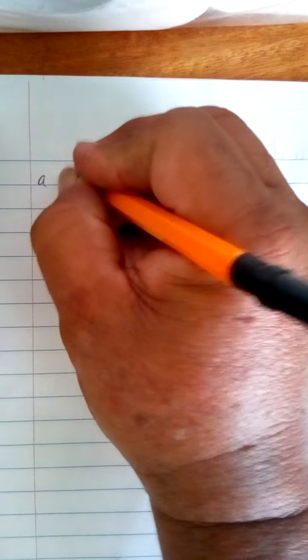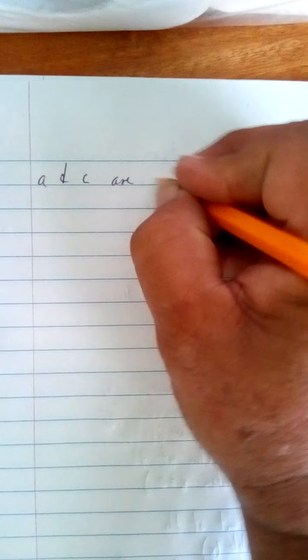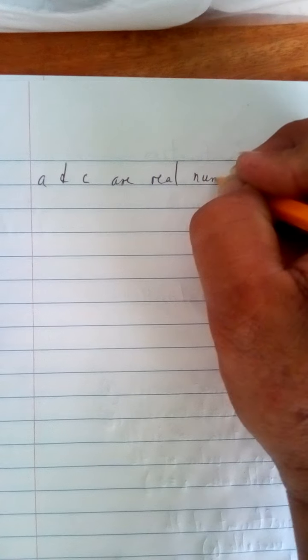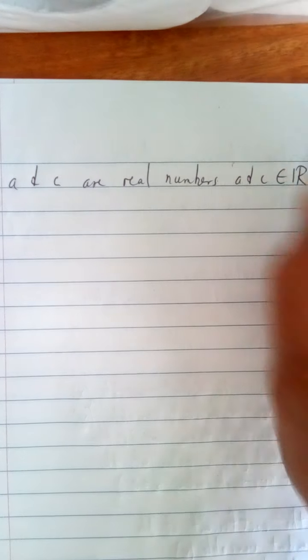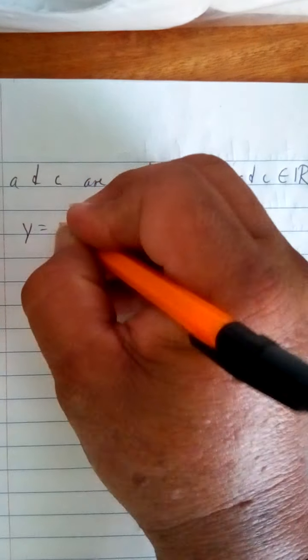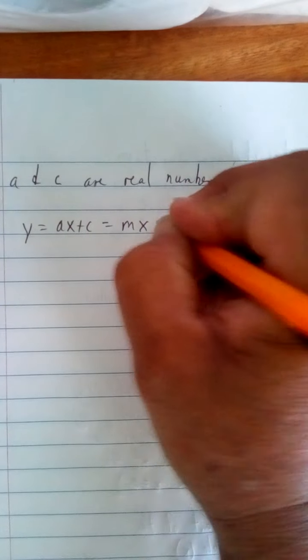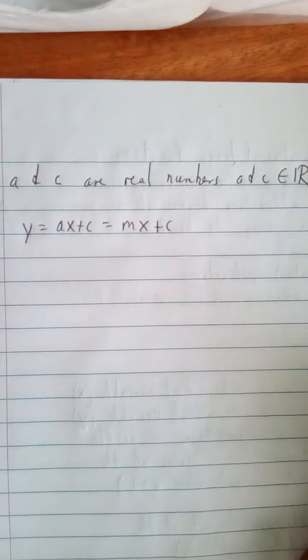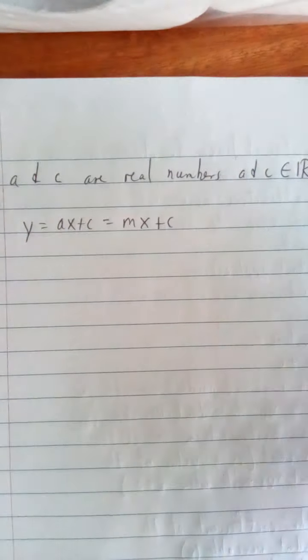a and c, we can say that they are real numbers, such that a and c are elements of the real numbers. Okay, so we can conclude that y = ax + c is also y = mx + c.